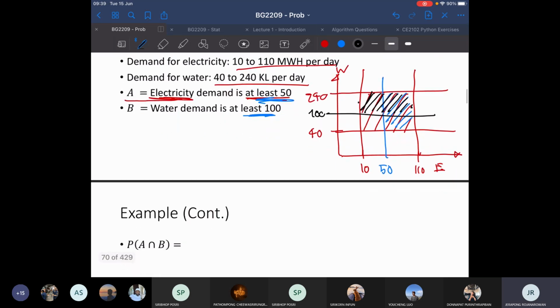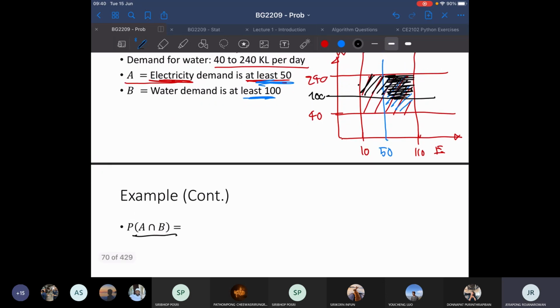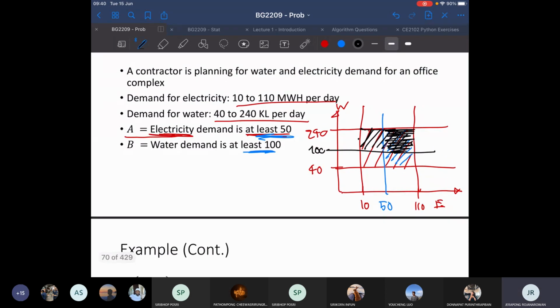Okay, so this is intersection. A intersect B, where is it? Right here, right? The A intersect B. You have to find the probability. Note that this is sample space, right? This is PS, the whole thing here, PS, which is gonna be 1.